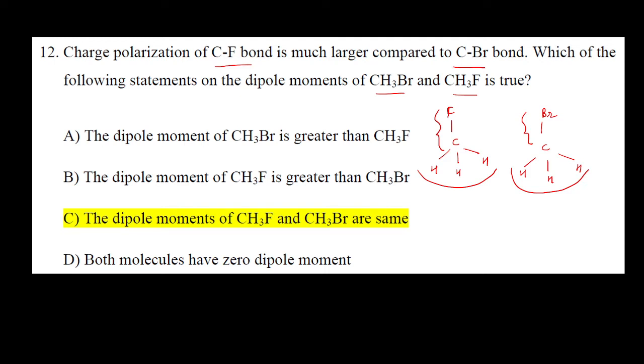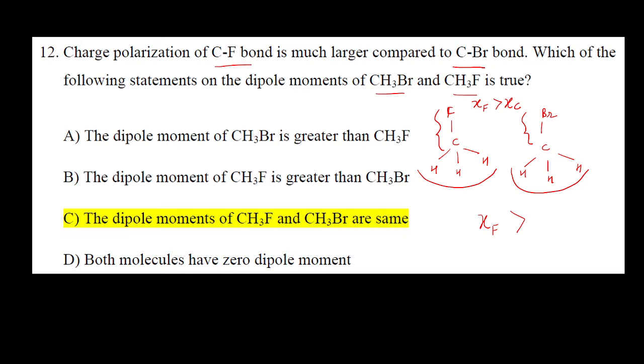We know the electronegativity of fluorine is greater than the electronegativity of carbon. This is very clear. Now we first need to figure out the relationship in electronegativity for bromine and fluorine. We know the electronegativity of fluorine is much greater than that of carbon, right?